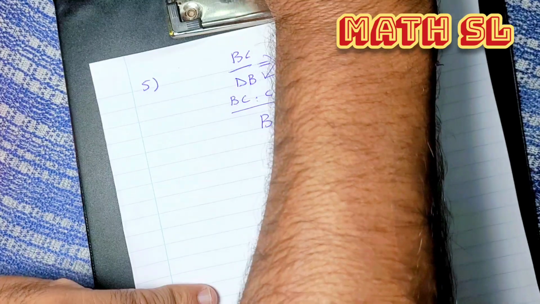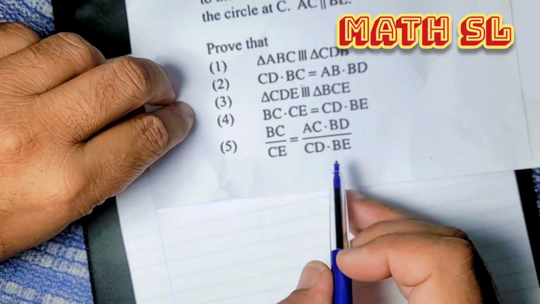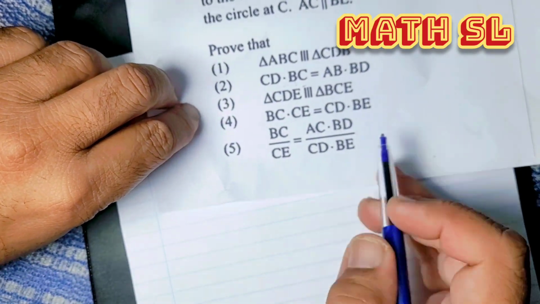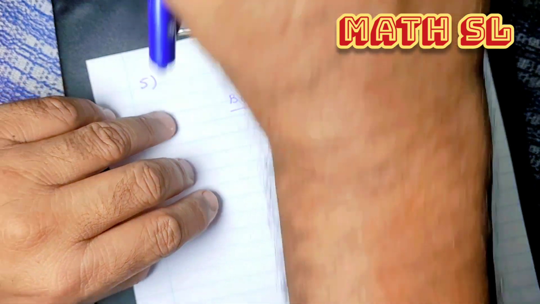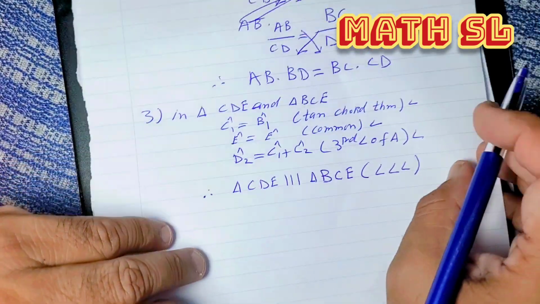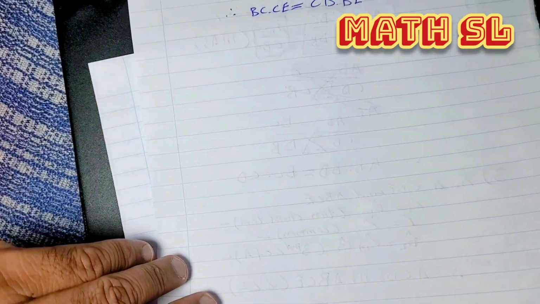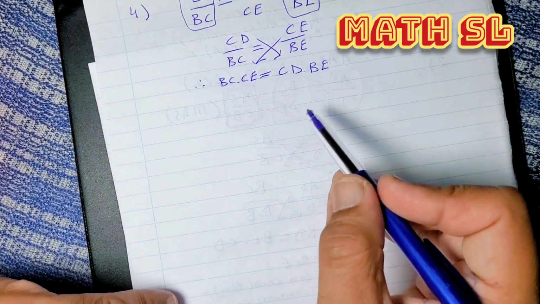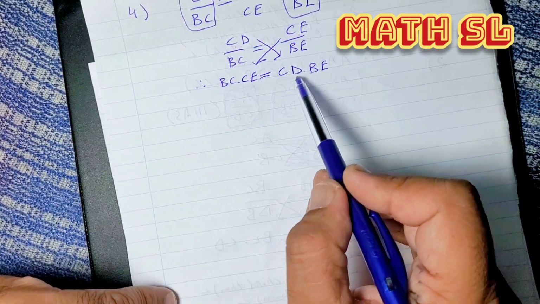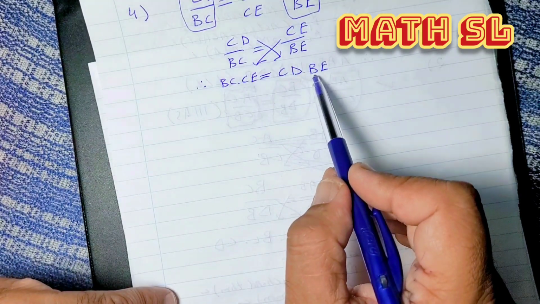Now we need the denominator, CD times BE. Have a look where you're going to find that. CD and BE we have here. Can you see from 4?